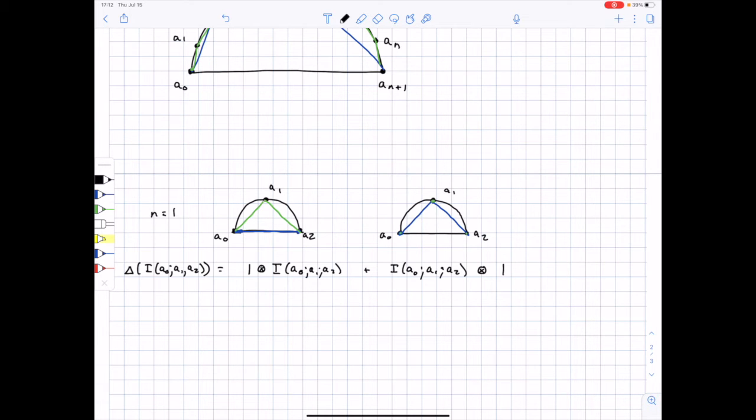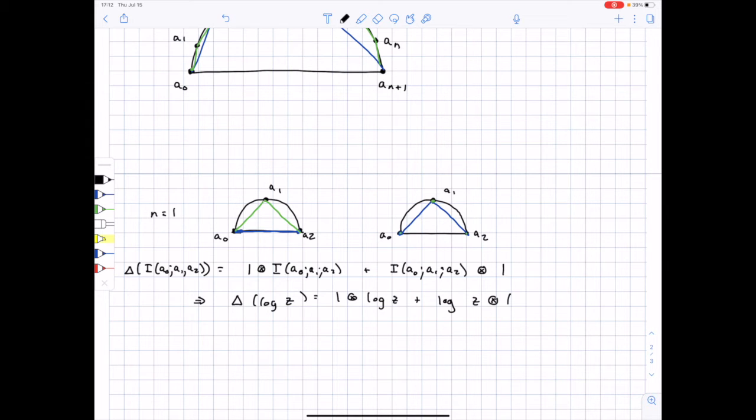And weight 1 MPLs are all logarithms up to log identities. They're just plain logarithms, so we conclude that the coproduct of log z is 1 tensor log z plus log z tensor 1.